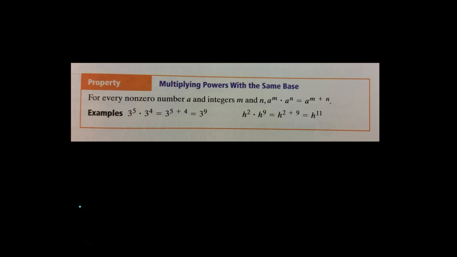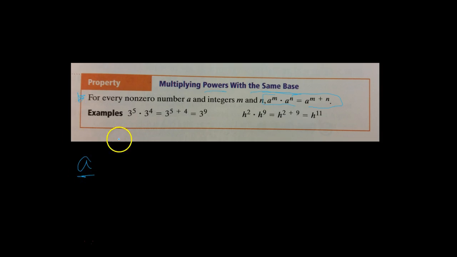This is the meat and potatoes of the lesson right here, and it is multiplying powers with the same base. For every non-zero number a and integers m and n, this is what happens. They have the same base. Remember, your base in this first example was a.